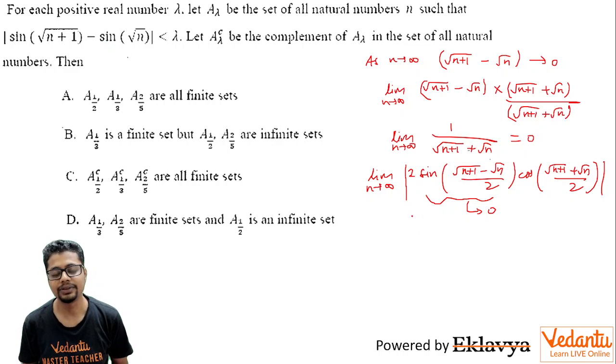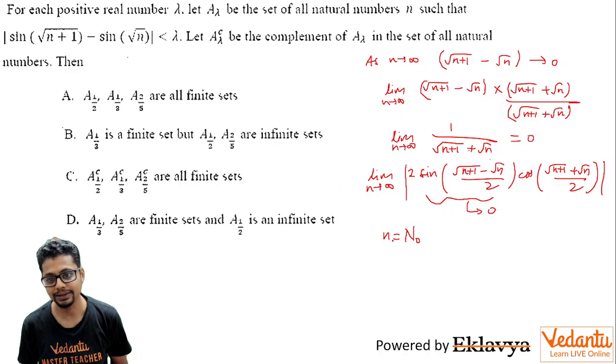And what is infinity? Infinity is essentially a very large positive number. So you can easily understand that no matter what this lambda is, whether it be a half or 1 by 3 or 2 by 5, there will be a certain natural number, let me call it n naught, beyond which this inequality will hold for all natural numbers. Why? Because as you increase n, the left hand side is decreasing further and further, even tending to 0 as n tends to infinity.